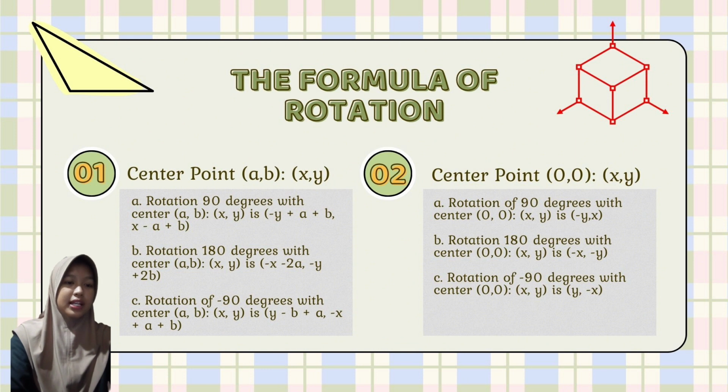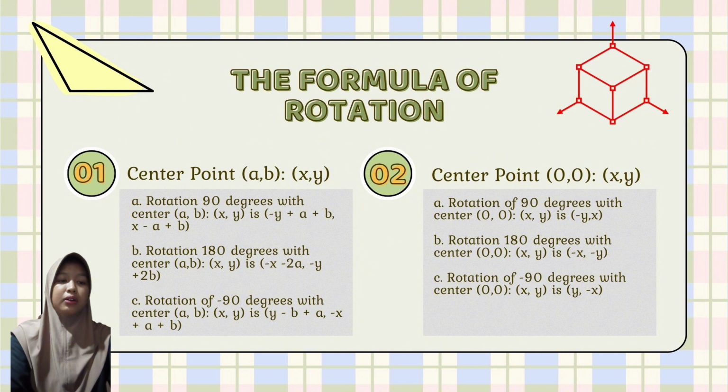Number 1, center point A, B, and point x, y. For rotation 90 degrees with center A, B, x, y is minus y plus a plus b, x minus a plus b.